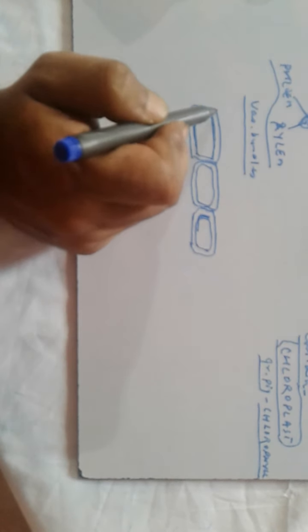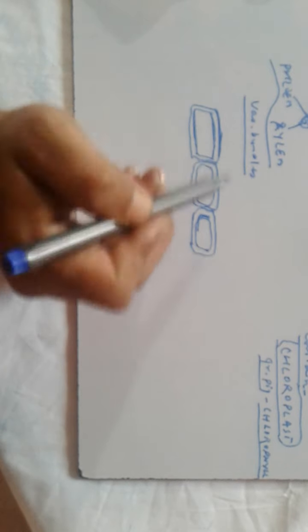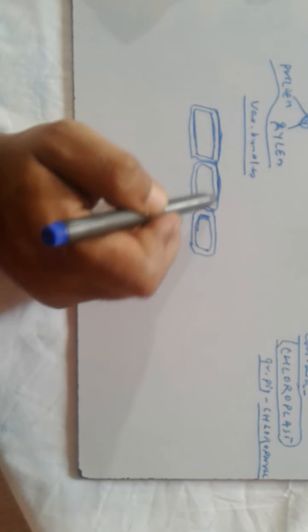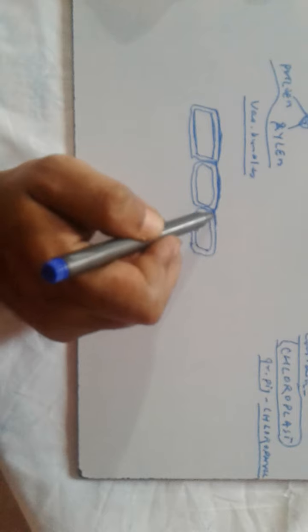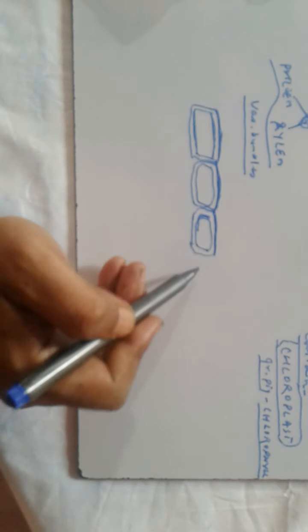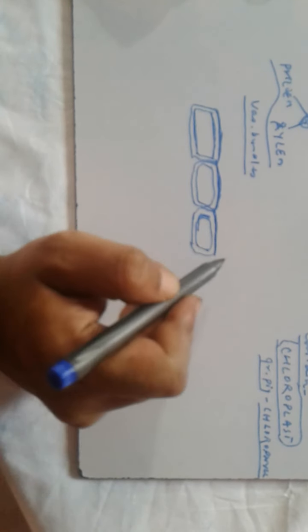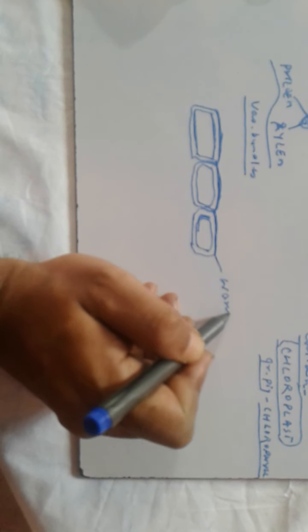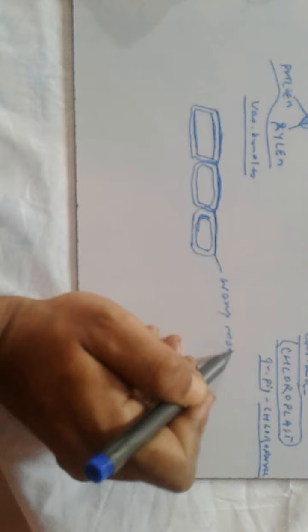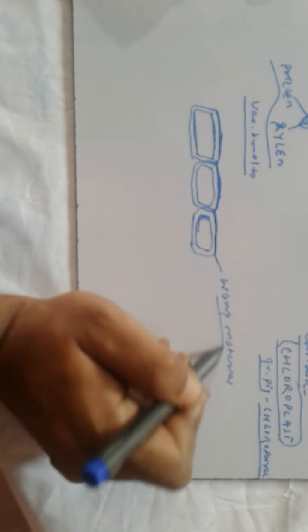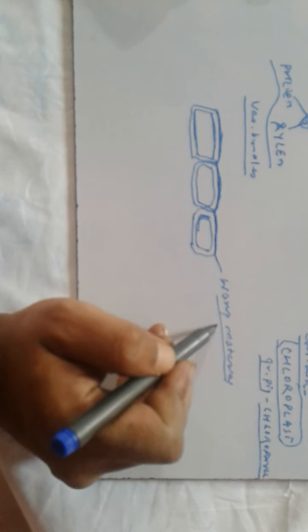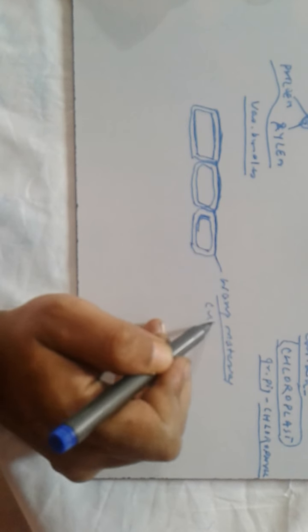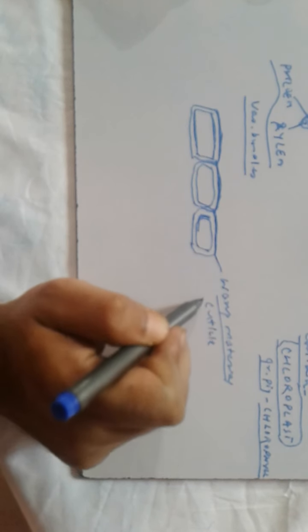This is the cuticle, the waxy material which prevents loss of water, and this is the epidermis, the upper epidermis. This is the waxy cuticle.